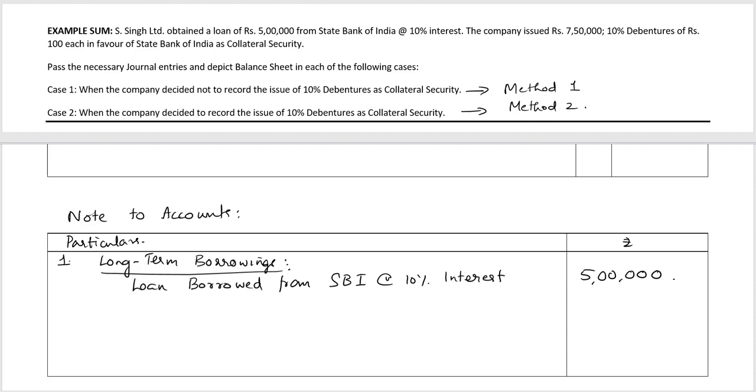Now in the second method, the issue of debentures as collateral security needs to be depicted like this.